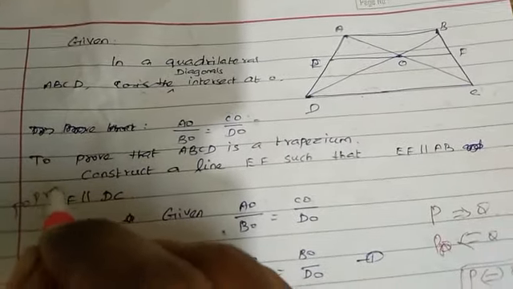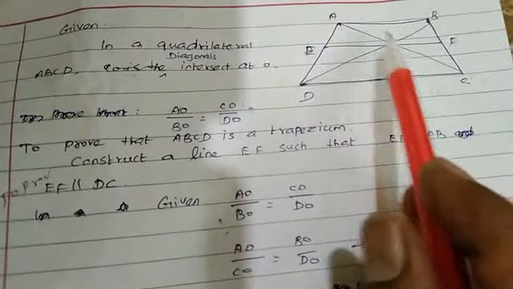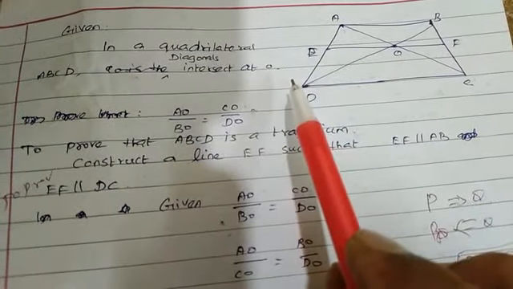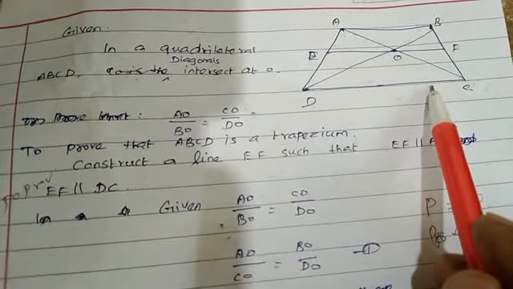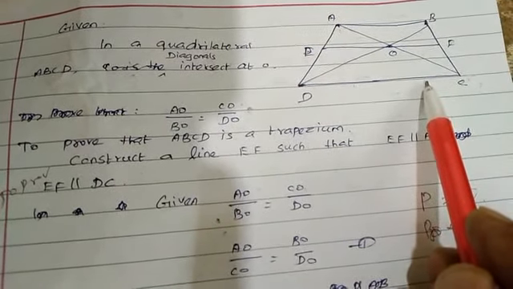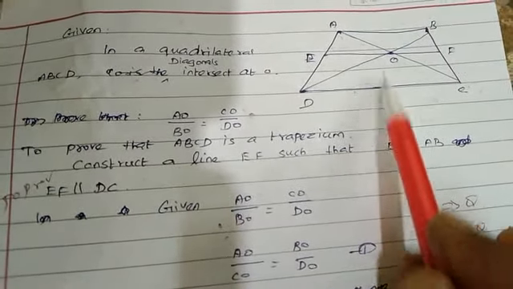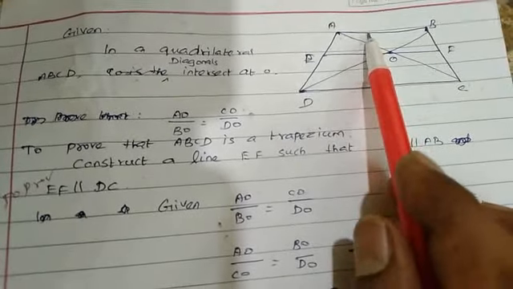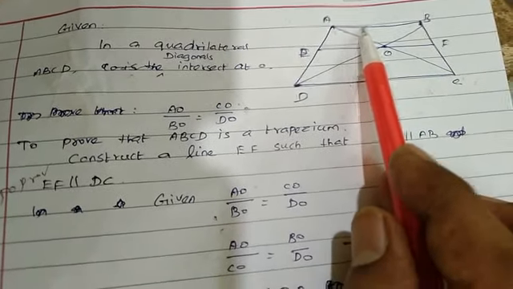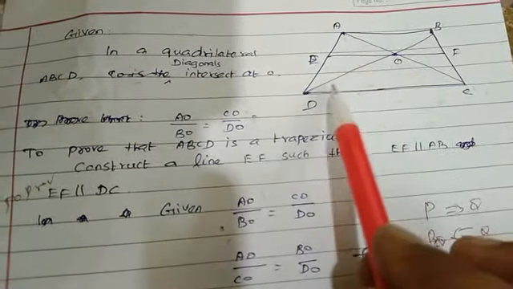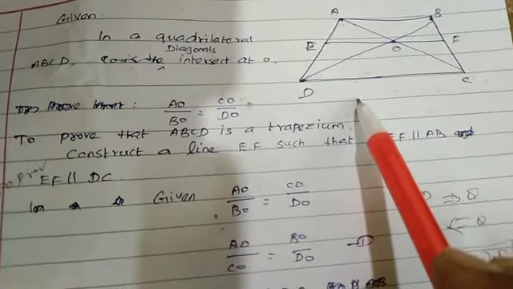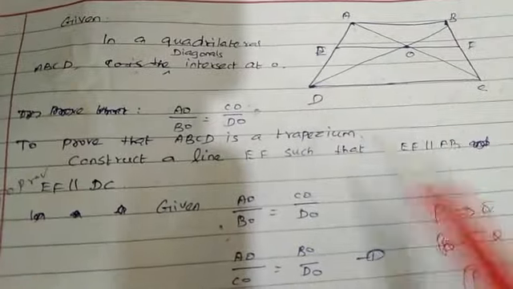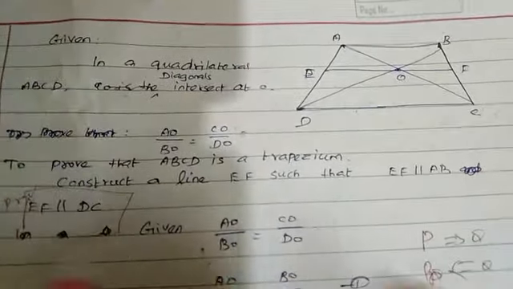If EF is parallel to DC, then automatically AB and DC are parallel, since AB and EF are parallel by construction. That is a trapezium; like that we can prove. So we need to show this.